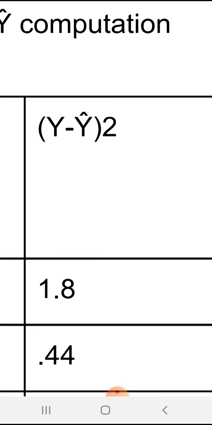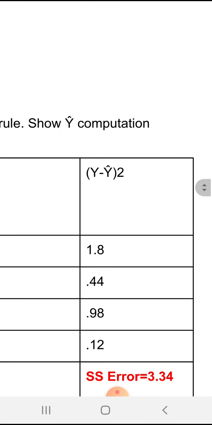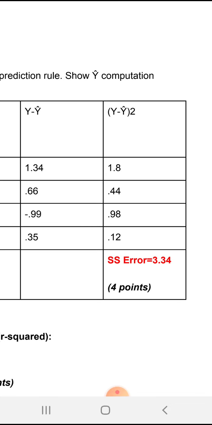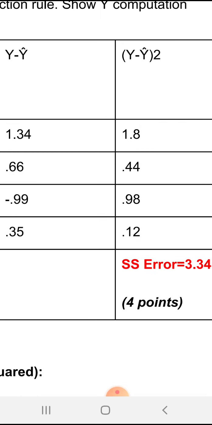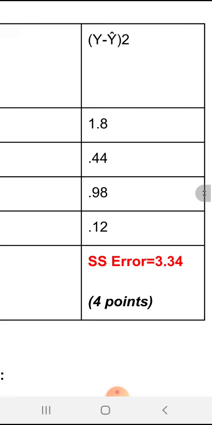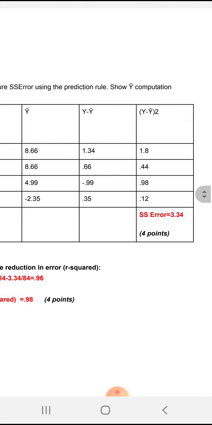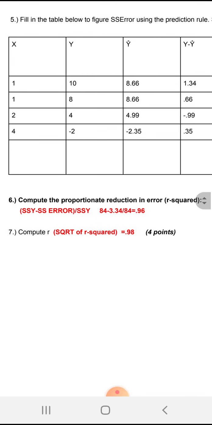This is just how it came out on Google Docs. This is y minus y hat squared. And if you square all of these numbers, you'll get 1.8, 0.44, 0.98, and 0.12, and you'll get an SS error of 3.34.